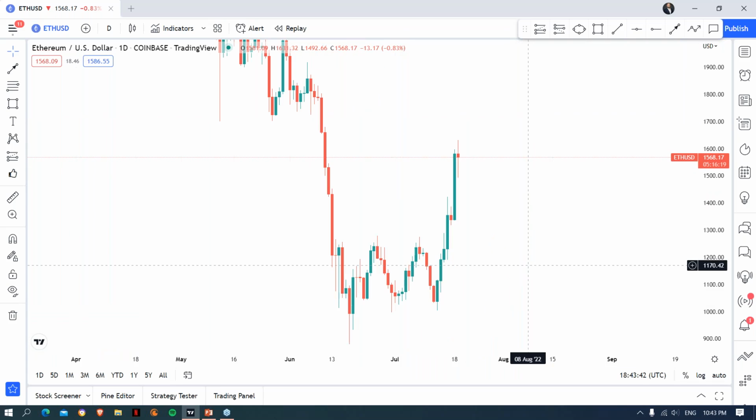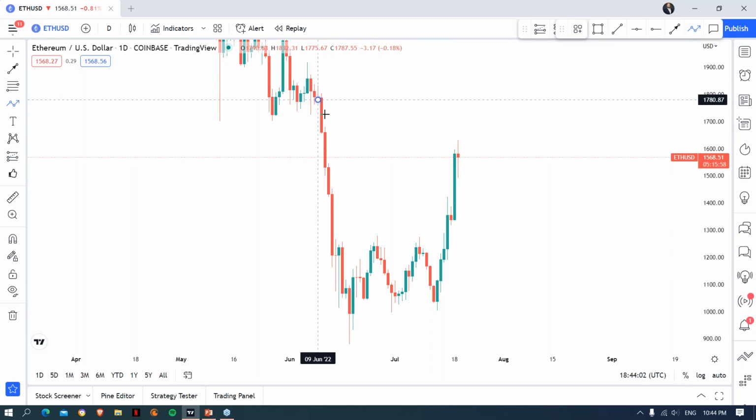Now look at this. Who can tell me what's going to happen next? Just by looking at the recent movement of Ethereum. Look at the patterns, how it's actually very clear. Exactly, it's a triple bottom.